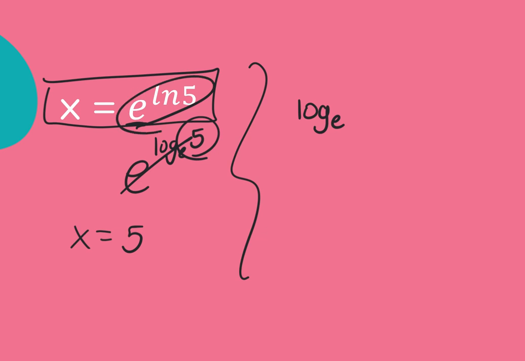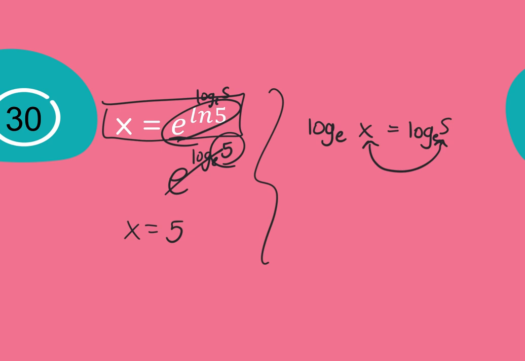And these would separate, so this is still log base e of 5, log base e of 5, and then the x comes to the other side. Then you've got the one-to-one property that says x equals 5. But you shouldn't have to do that. If the base on the exponent is the same as the base on the log, they cancel out. So you would cancel out log? Yep, because it's on both sides.